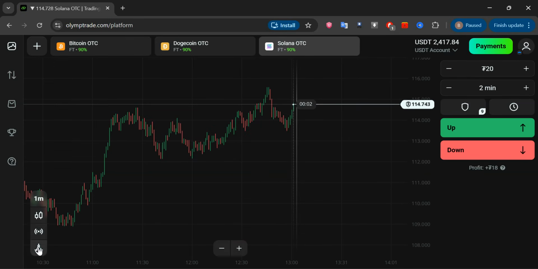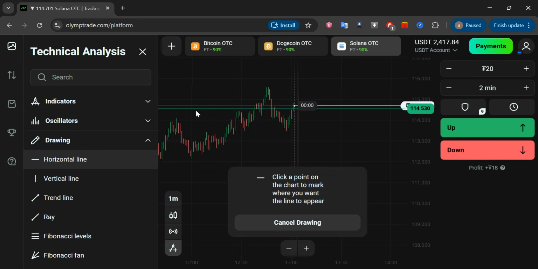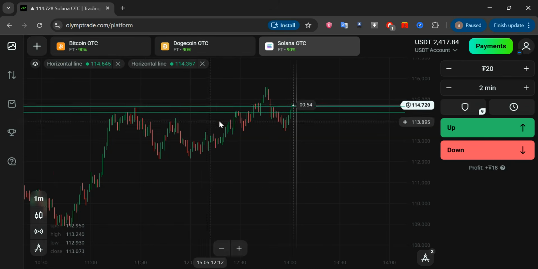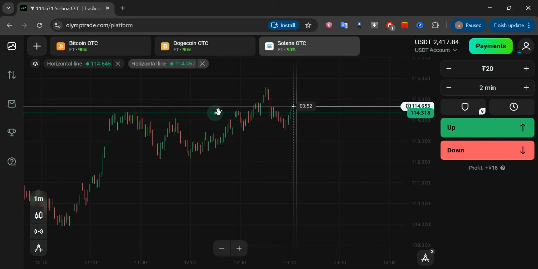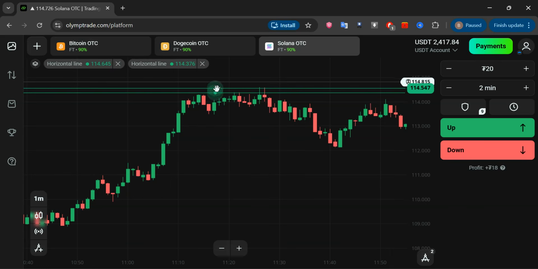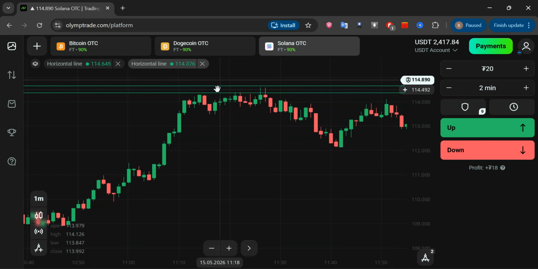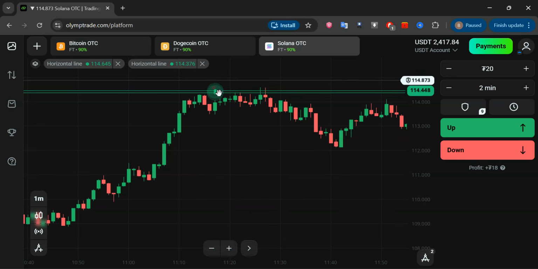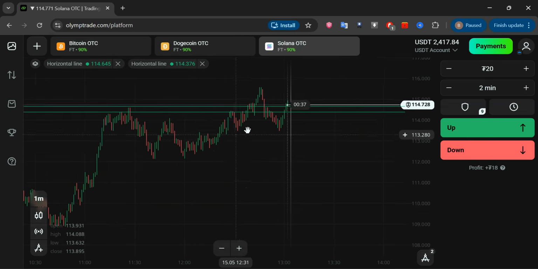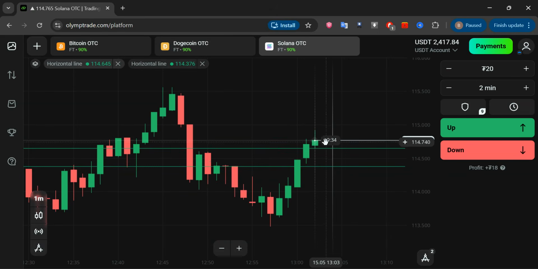We had another level here. Let me just draw it. And this is where we are getting some reactions. So we hit that level and the market is getting some reaction, but we've closed above that area.